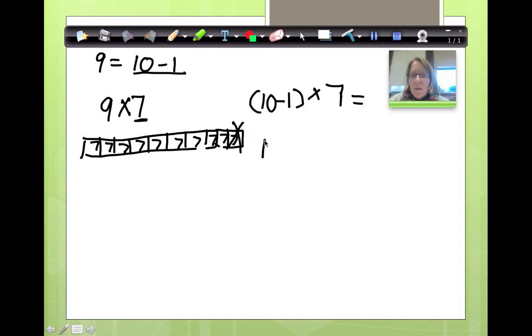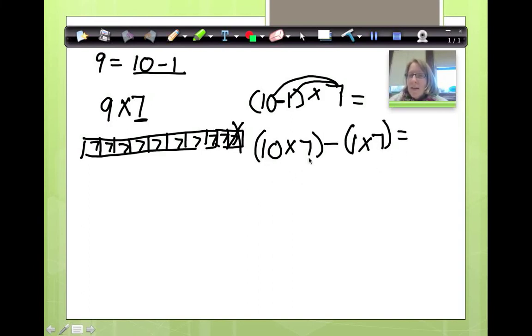Okay, so I'm going to do 10 times 7, and then I have to do take away. See the take away here? This time it's take away. Before it was a plus because of what was inside the parenthesis. Now I gave the 7 to the 10. Now I need to give the 7 to the 1. Okay, now we have 1 times 7. Okay, now let's find out what it equals. 10 times 7 is 70.